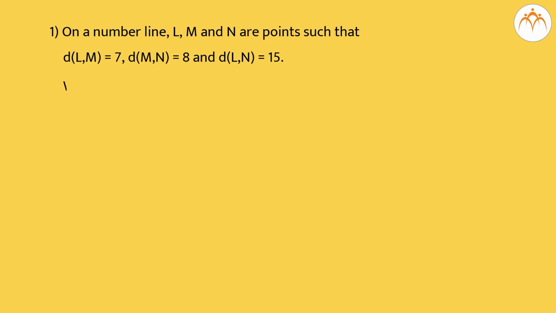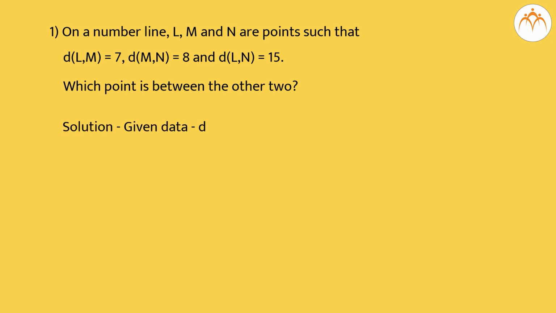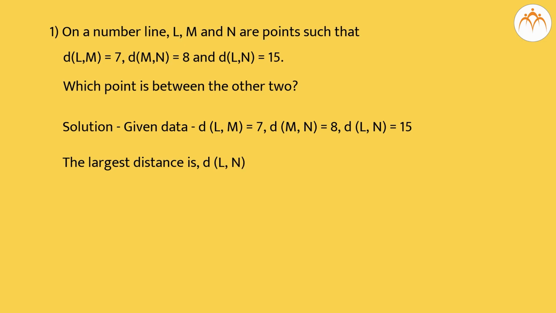Now tell me which point is between the other two? Given data: d(LM) is equal to 7, d(MN) is equal to 8, d(LN) is equal to 15. The largest distance is d(LN) is equal to 15.